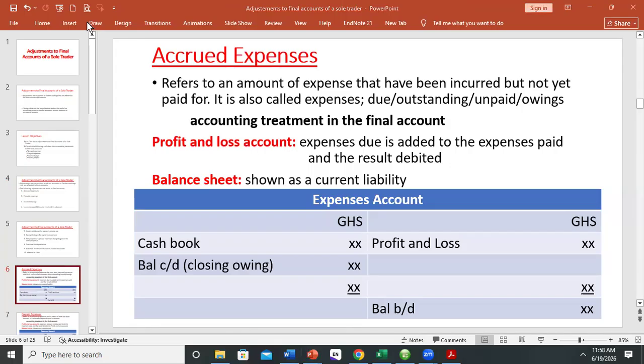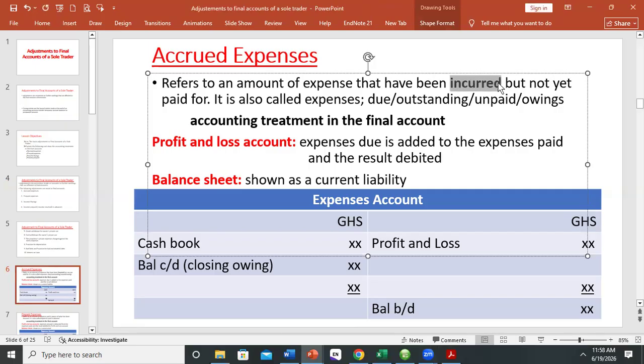So, professors, when you hear accrued expense, it refers to any amount of expense that has been incurred but not yet paid for. So look at the key terms. The business has incurred the expense or the expenditure, but no payment has been made for it.